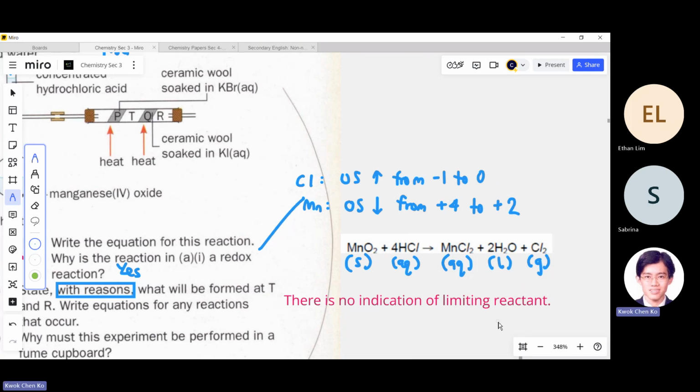Okay, but sooner or later you have to do this as well. I'll just clarify, OS stands for oxidation state.